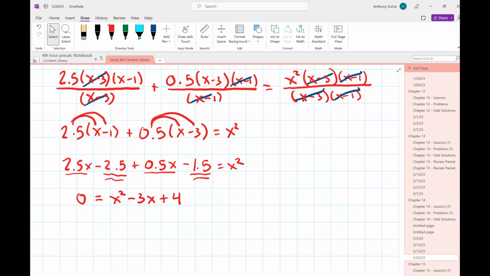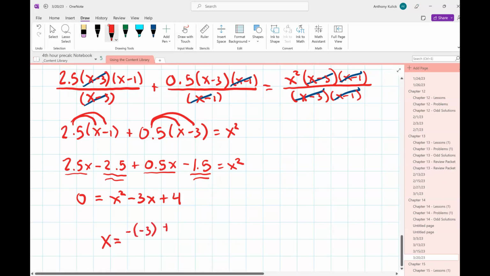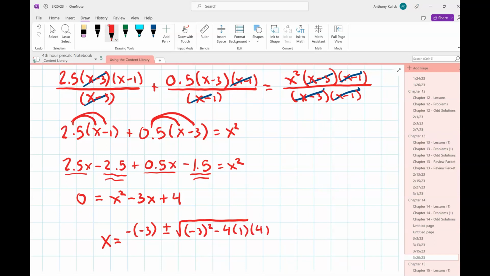Got to use the quadratic formula. So this one looked like a nice candidate for factoring, but factoring doesn't have to work every single time, and that's okay. Sometimes we just need to use the quadratic formula. That's what's happening in this case.